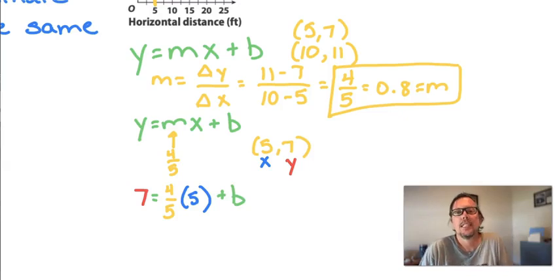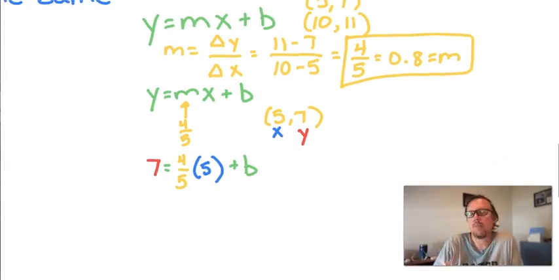And now all that we really need to do is just solve for b. So whether you used 4/5 or 0.8 for your m, the math is going to be the same. You can use a calculator if you like. 4/5 times 5 I think is really easy because the 5s will cancel out and leave us with just 4. You get the same thing if you do 0.8 times 5, of course, it's going to be 4.